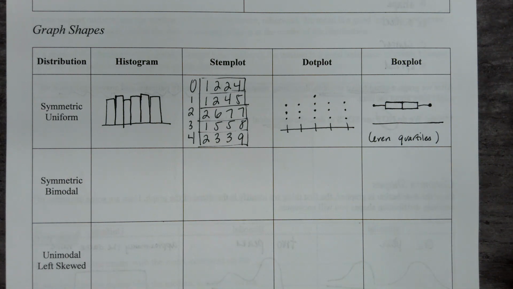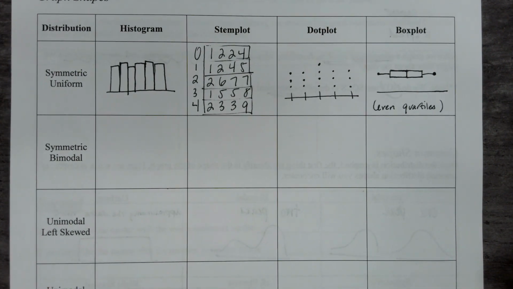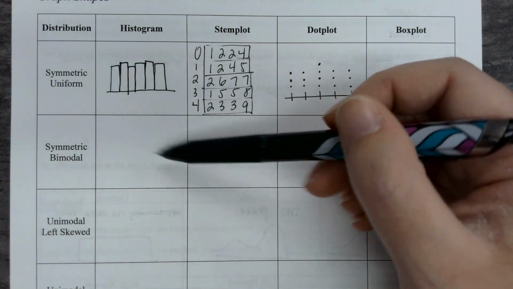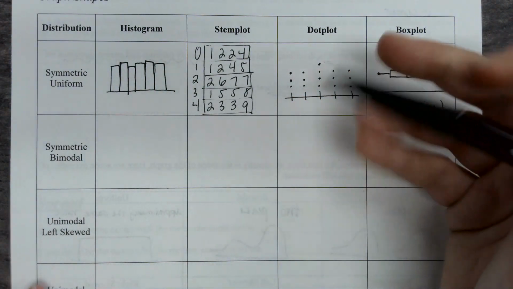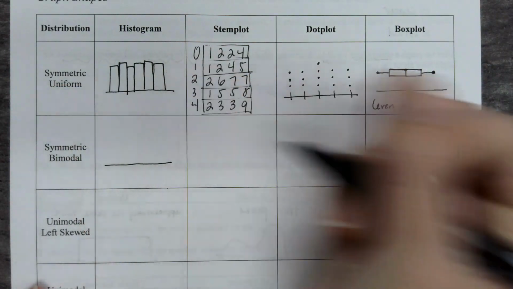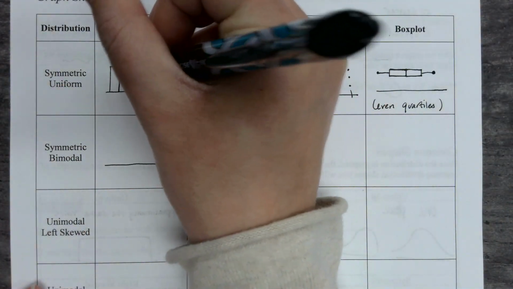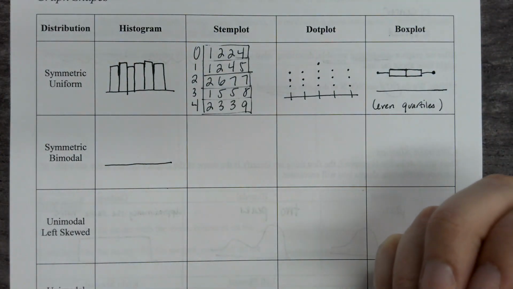Alrighty, so symmetric bimodal. Think of symmetric bimodal. We're going to have the same exact thing on either side where we have 2 peaks. When we're looking at our histogram, remember, make sure that your bars are touching. I know mine up here are not touching, but we're just drawing it weird.